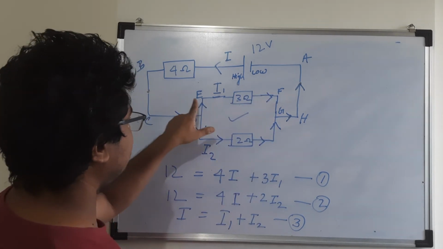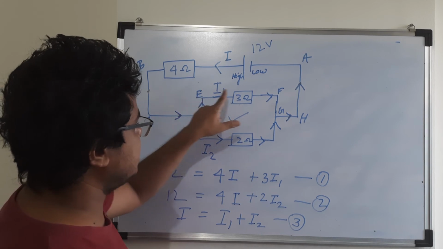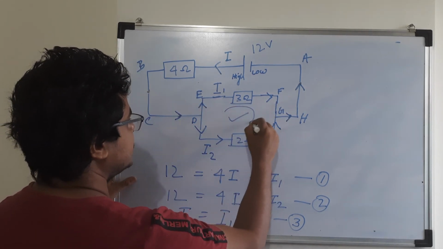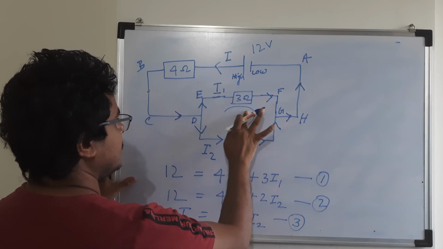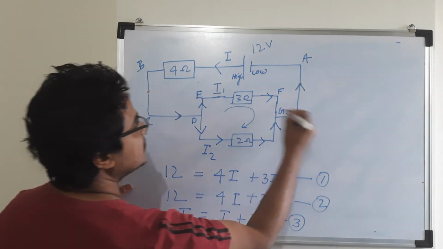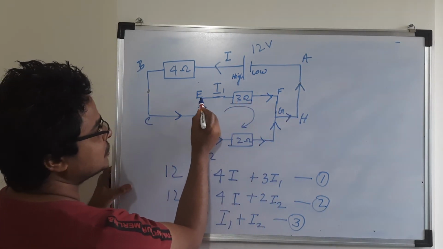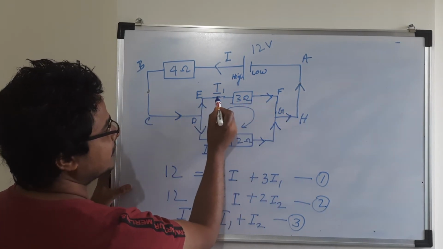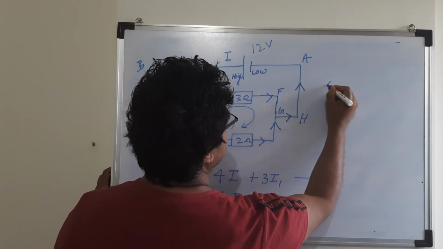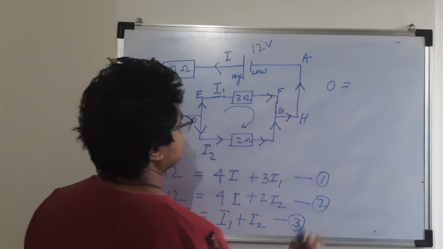Suppose you are moving from D, E, F, G and then D. If you consider this clockwise loop, then I will write the equation 3. My assumed loop is E to F, and the direction of current is also along the same direction, right. So there is no EMF, I will write it 0.